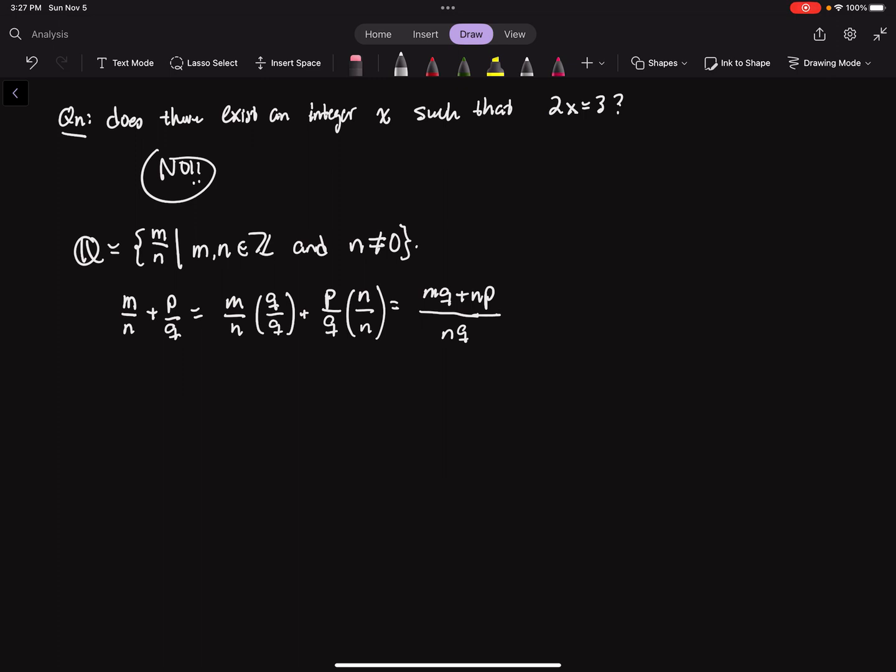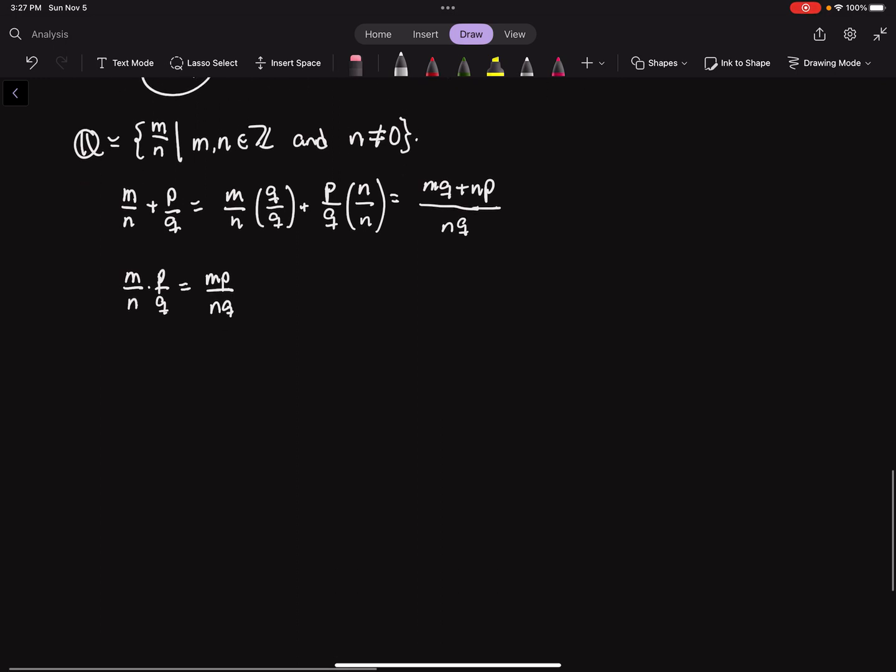Okay, and then, so this is addition, and then multiplication. Well, this is actually easier because we just multiply the numerator, then we multiply the denominator. Okay, and I guess we kind of cheekily used the multiplication in the definition of the addition, but bear with me.